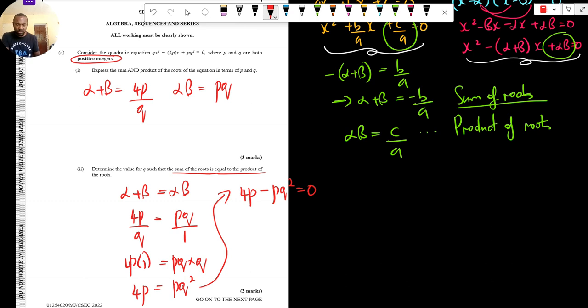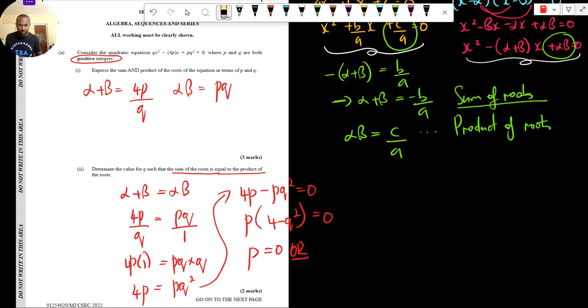Now, because p is common to both terms, we can factor out p. And so we get p, open bracket, 4 minus q squared, close bracket, is equal to 0. Now, whenever you have an equation like this, you'd go on to say that p equals 0, or 4 minus q squared is equal to 0.